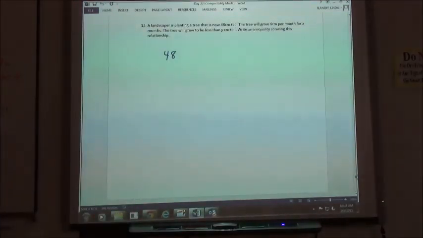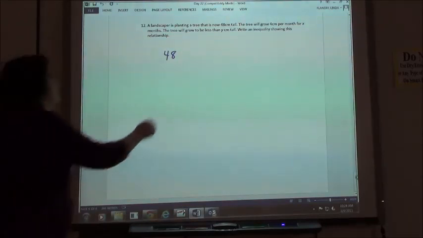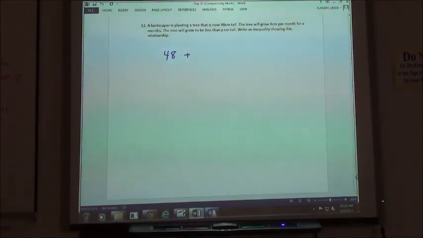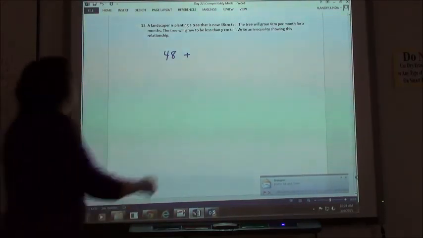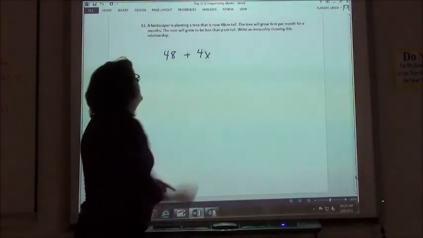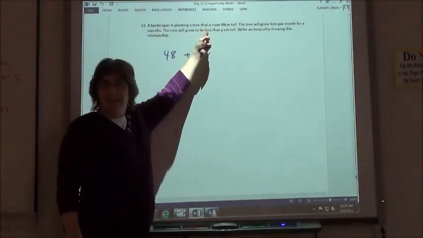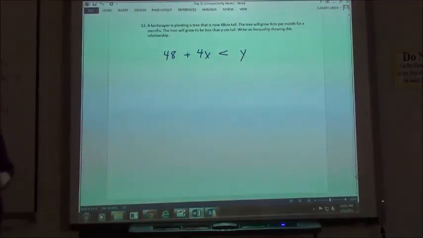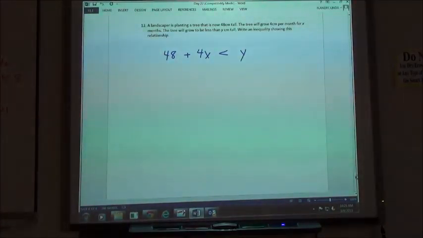It is now going to grow. So if it's going to grow, what am I going to do? Add to the tree. It's going to grow 4 centimeters per month for X months. 4X, exactly. The tree will be less than Y centimeters tall. So my inequality, 48 plus 4X, is less than Y.